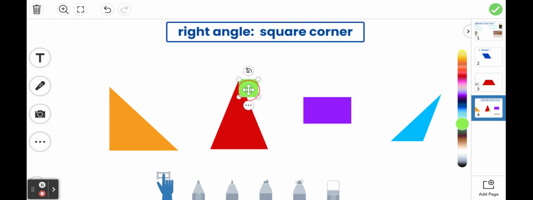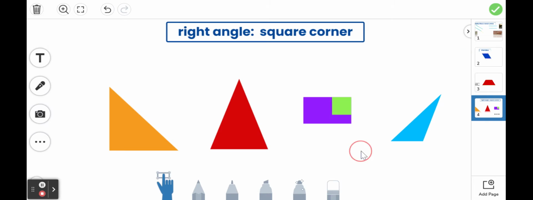And this one I'd actually have to turn, and it's just not going to be a square corner. You can see it doesn't fit in that corner. Now the rectangle, on the other hand, does have 4 right angles. There's 2, 3. See how it fits in there so nicely? 4. So that has 4 right angles.